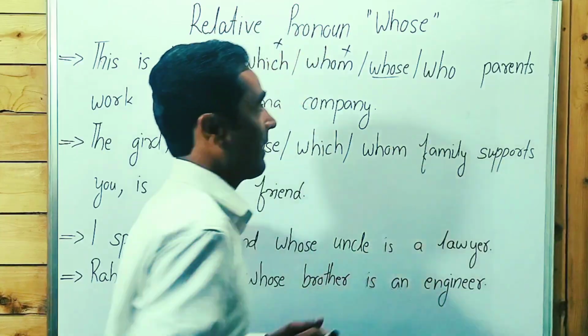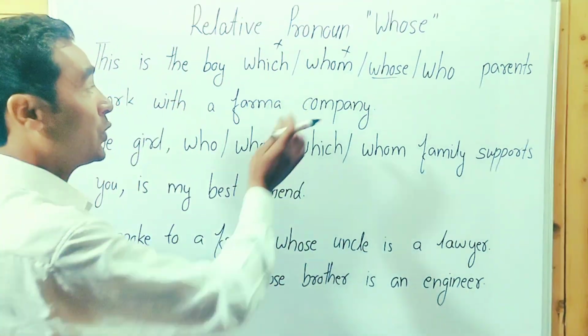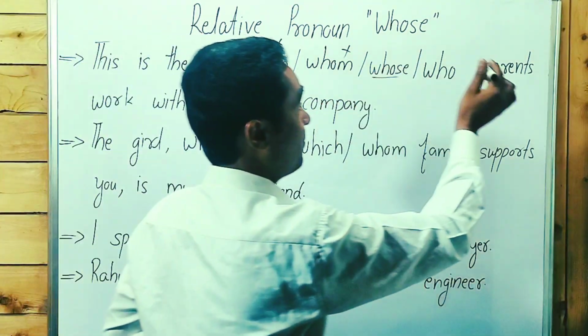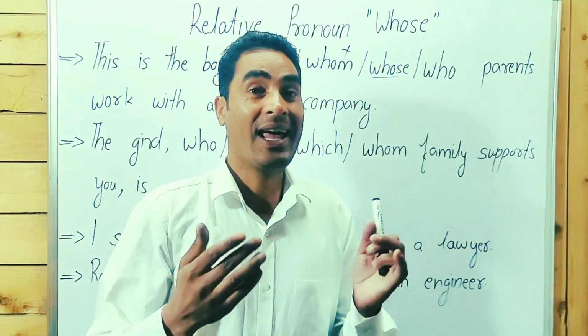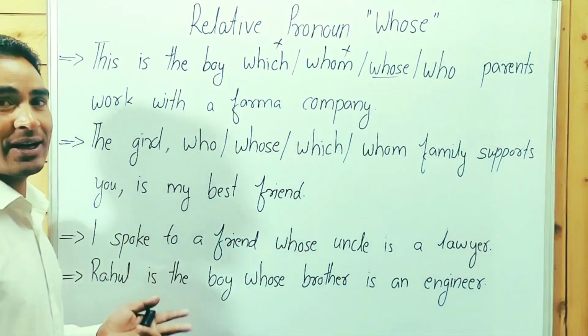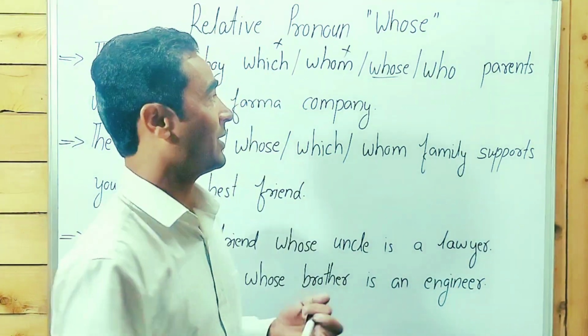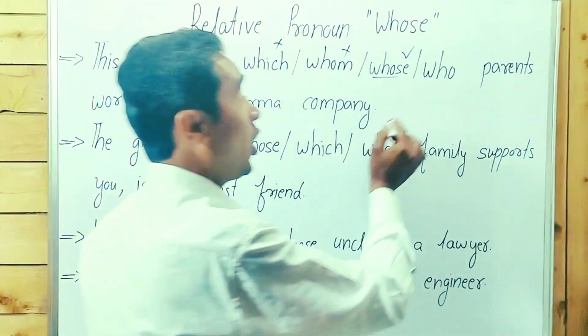The correct relative pronoun is "whose." This is the boy whose parents work with a pharma company. Here we point to show possession. This is the correct relative pronoun, not "who."